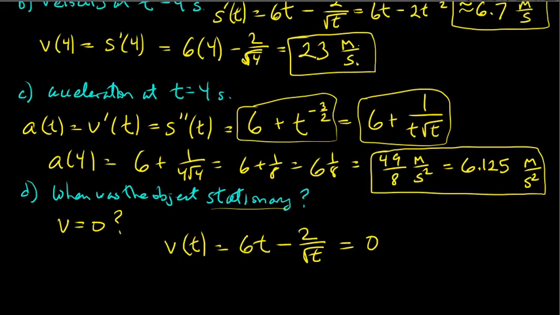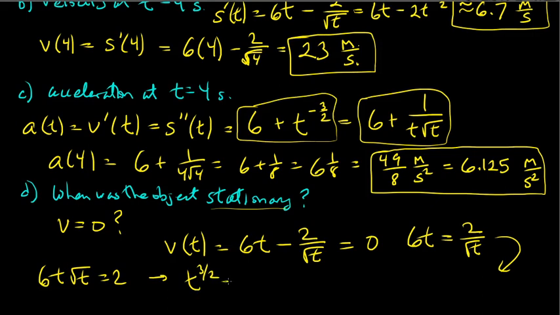Oh, I have just enough space, right? So add the 2 over root t to both sides, and then multiply by the square root of t. Let's do that down here. Right. So this is t to the 3/2 is equal to 2 over 6, which is 1 over 3. So we get that t is equal to 1/3 to the power 2/3, or in other words, 1 over the cube root of 9.